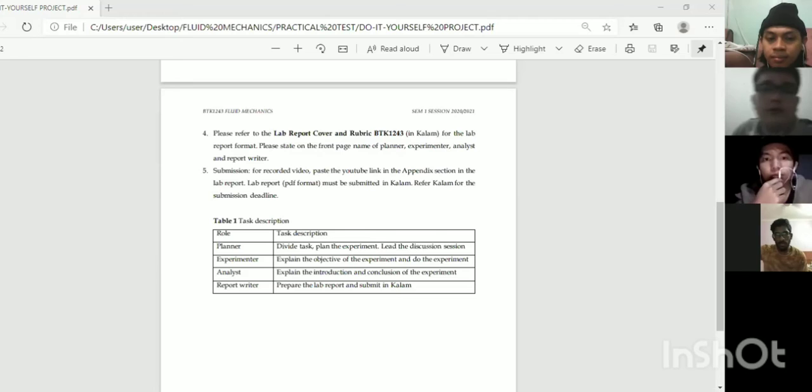In our report, we'll explain how Reynolds number is affected by parameters like viscosity, density, diameter, and velocity. In our experiment, the viscosity is constant for water at 25 degrees Celsius at room temperature, so we just use different flow rates to determine how they affect the Reynolds number.